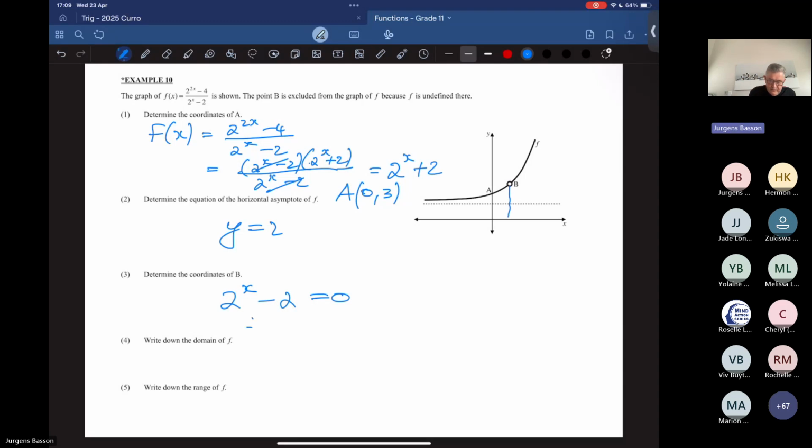So we get 2 to the x is 2, so that means x is equal to 1. And we substitute it back to find b, and if you substitute it back into that equation, x is 1, you will get 4. So that coordinate is at (1, 4). Then it's domain and range. Those things are pretty straightforward.